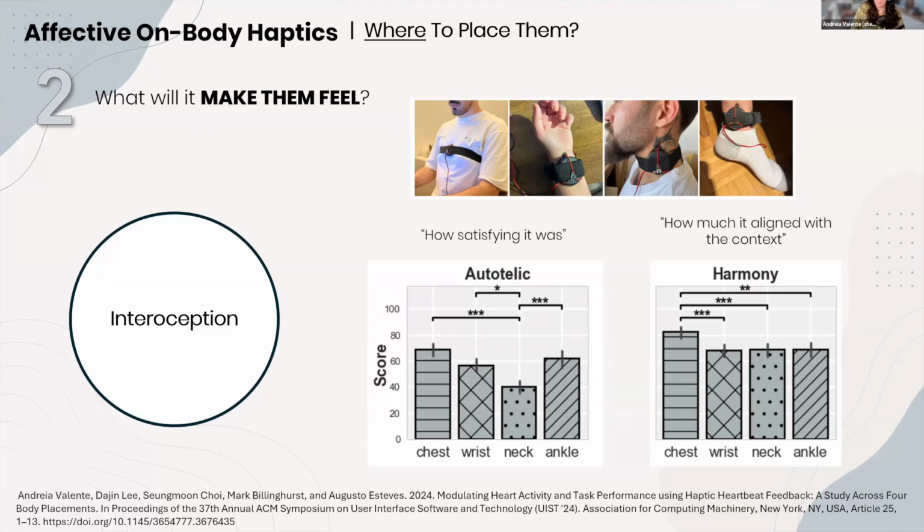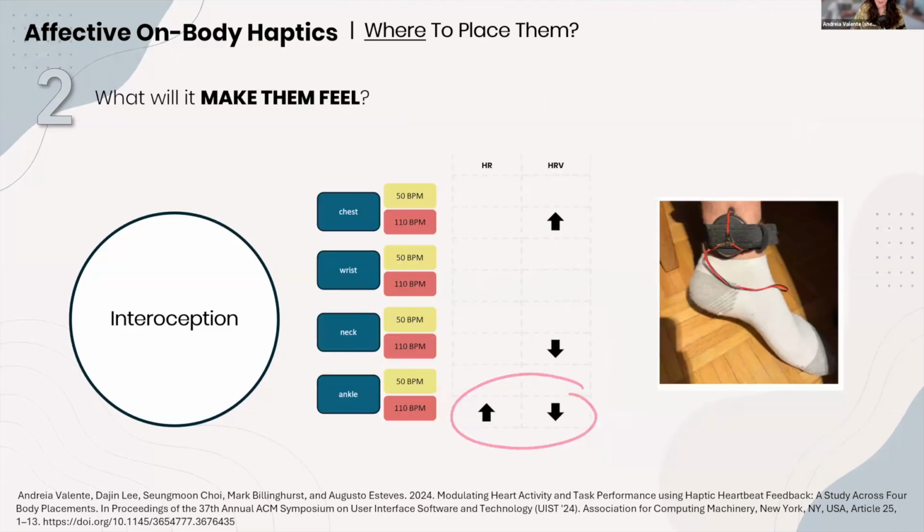So the problem is that this should have been the end of it, right? The subjective experience. The problem is that our objective was to change physiology, not to create this embodied experience that people really liked. And what we saw is that actually the ankle was really good. Because when we talk about the effects on physiology, it becomes a more subconscious experience.